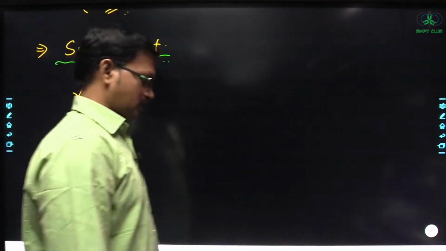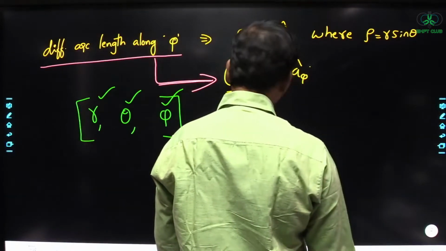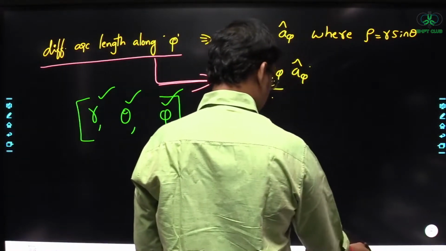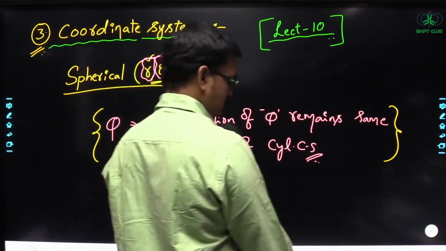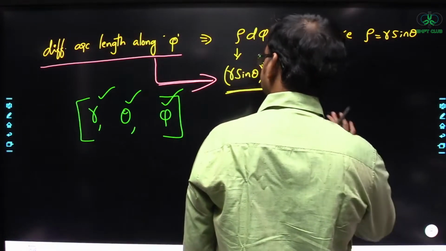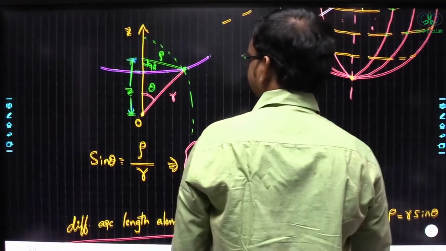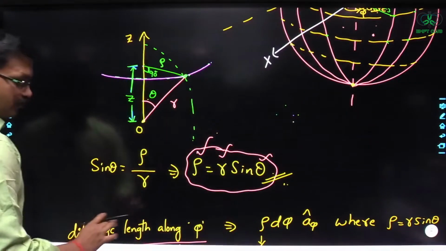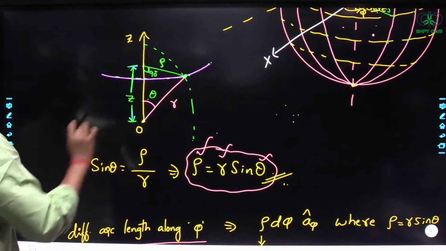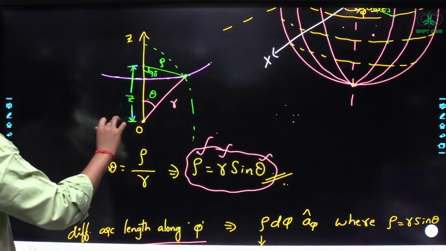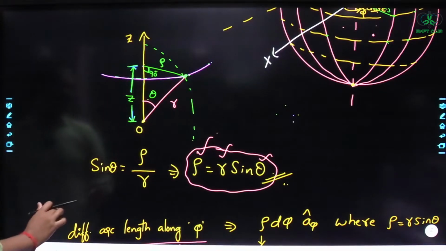One more thing here I forgot to represent. So here we got rho equal to r sin theta from this right angle triangle. Similarly, what is z here? Z is the adjacent side.